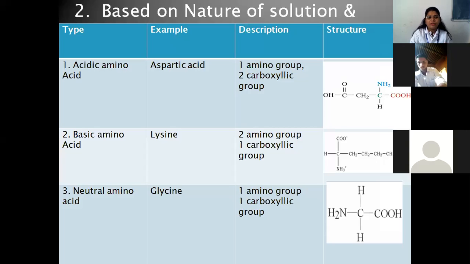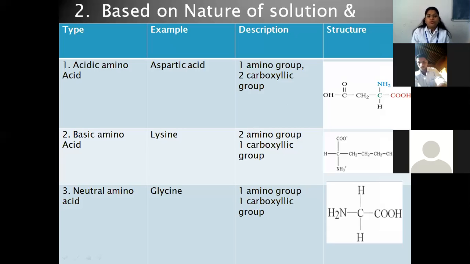Now we'll see the second classification type, which is based on the nature of solution and structures. The first one is acidic amino acid. Acidic amino acid will have one amino group in the structure and two carboxylic groups at pH 6.